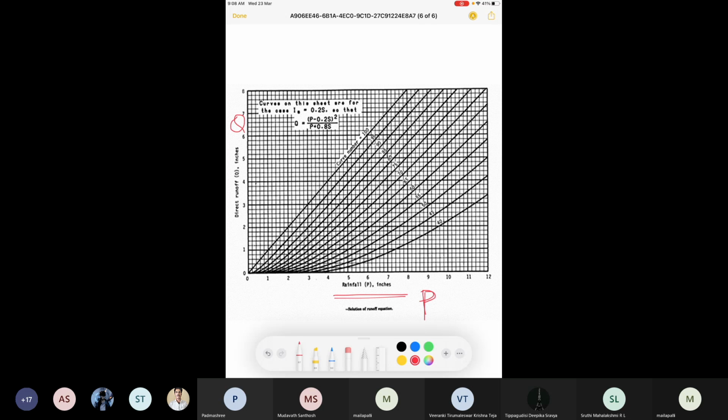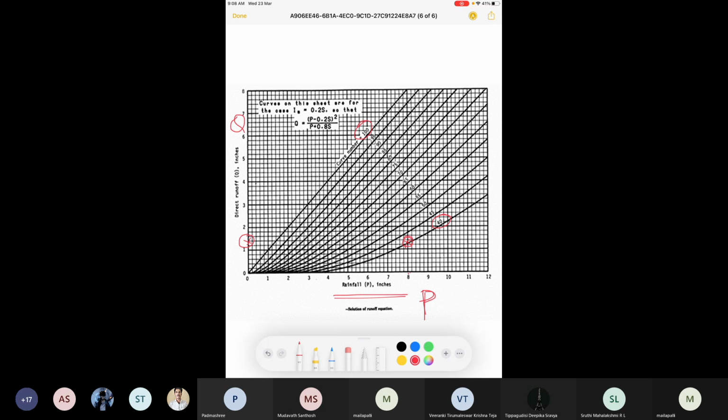The curves you're seeing here are all curve numbers, like CN 100, and they vary from 40 to 100. So knowing the particular rainfall, let's say 8 inches, and the curve number, 40, we can get the corresponding direct runoff from the graph.